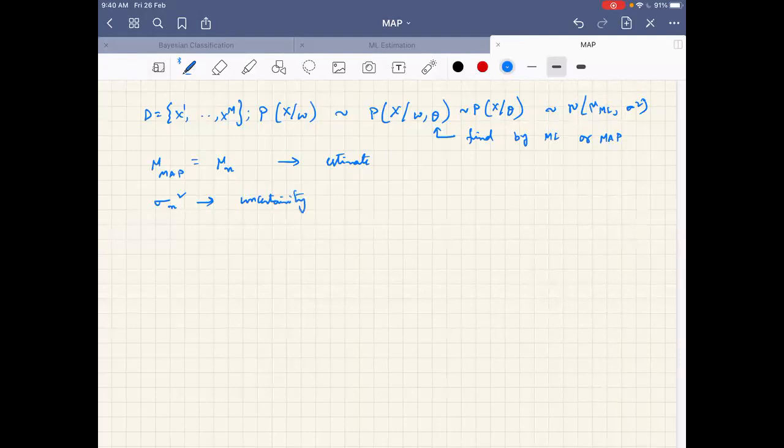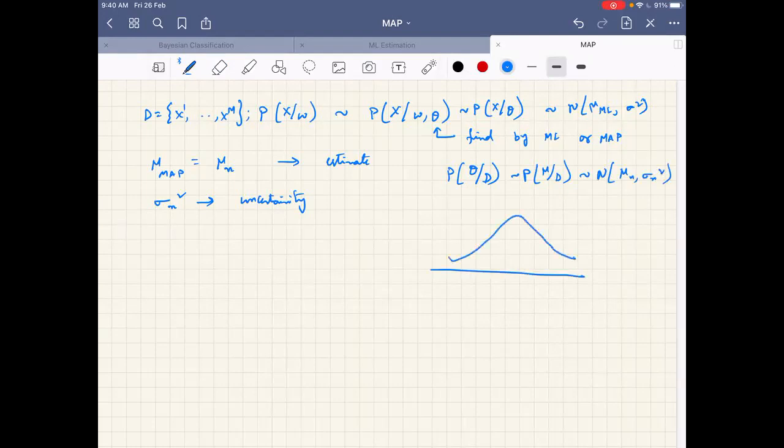See, assume that in the Gaussian case, for the MAP estimate, what I have got is P of theta given D, given the samples, the estimate of theta, is normal with mu n comma sigma n square. What does it mean?